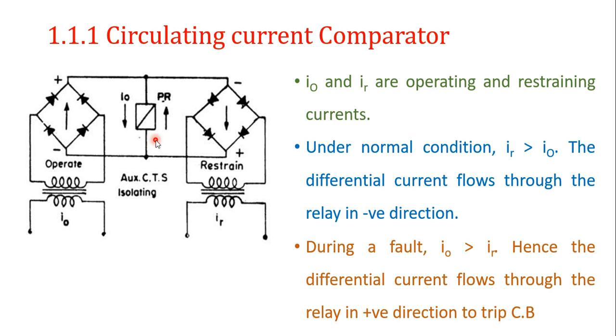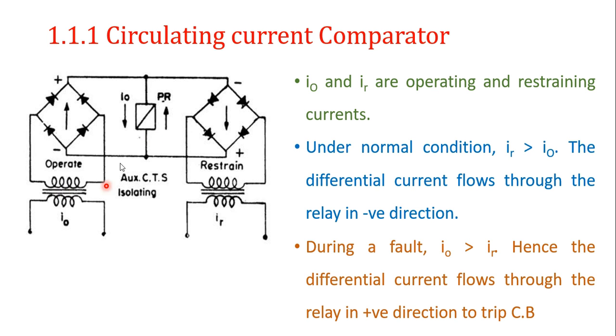When a fault occurs, the operating current increases. So IO will be more than IR. So the current direction in the relay coil changes. Differential current flows through the relay in the positive direction to trip the circuit. When the current direction changes in the relay coil, it sends a trip signal to the circuit breaker and the circuit breaker will operate.